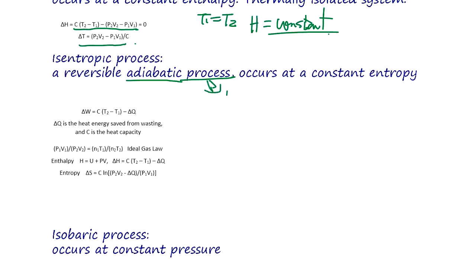We're talking about ideal gas. Now we consider the system loses some delta Q in the thermal process. Then what happens is you have this much energy loss. So the isentropic process considers the energy loss, heat loss.